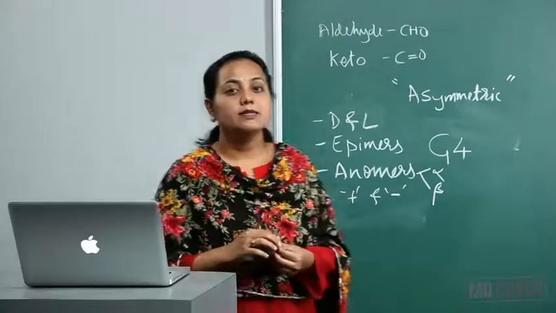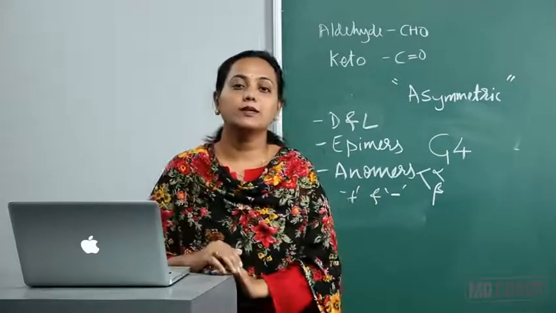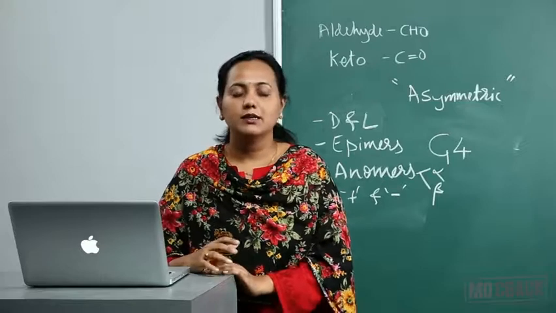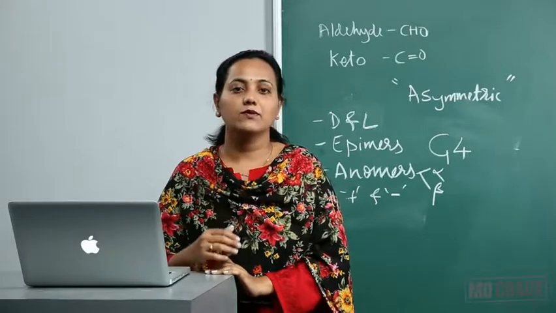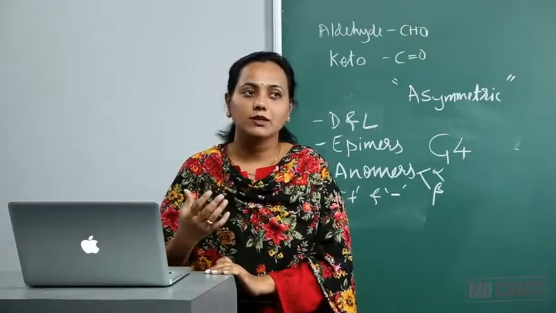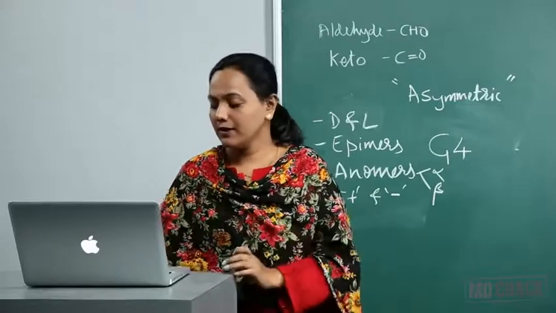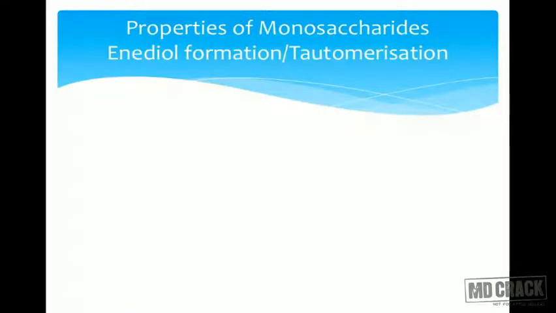I'll go further. Briefly about some properties of monosaccharides. Certain properties which are important for us, which help in actually knowing about the different monosaccharides. Now, one important property is what is called enediol formation and the reducing property of glucose.